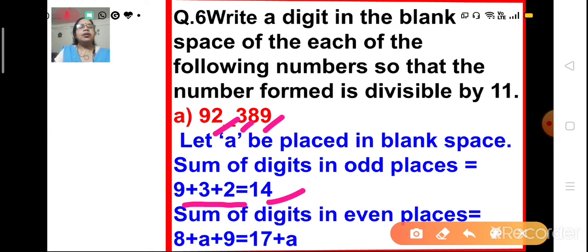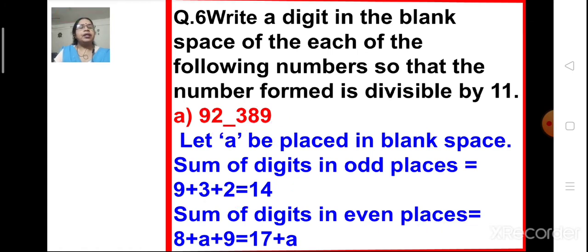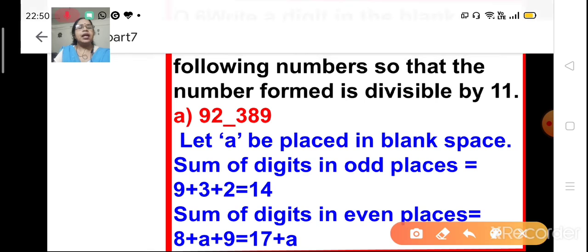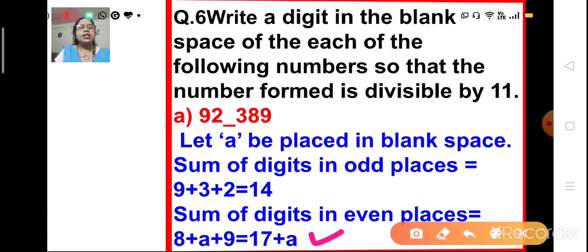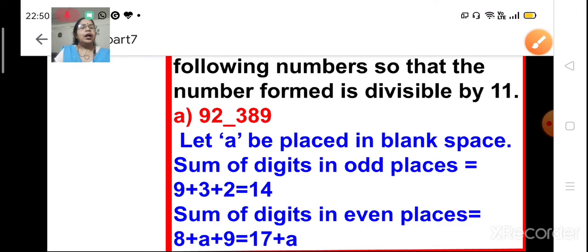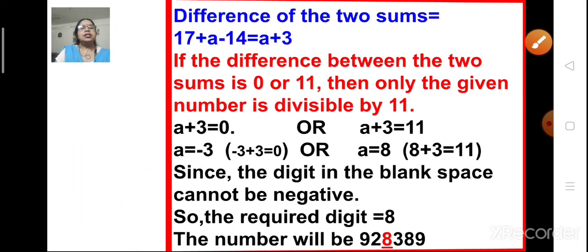The digits in even places are 8, A and 9. So 8 plus A plus 9 becomes 17 plus A, because 8 plus 9 is 17. Their sum is 17 plus A. Now, let us find the difference of the two sums.